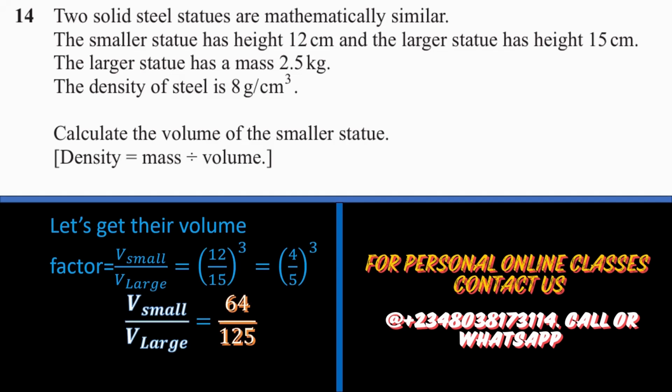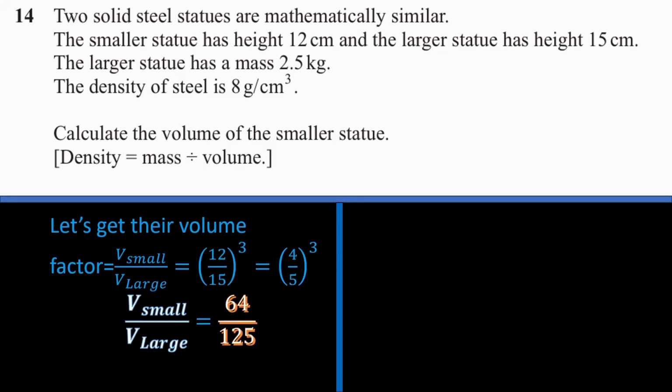The volume factor is going to be the volume of the small over the volume of the large. And we do not know the volume of the small. We are also going to look for a way, using the relationship between density, mass, and volume, to get the volume of the large. But again, we know that we can get volume factor if we know scale factor. And of course, since they are mathematically related, the ratio of their lengths can be used to get the scale factor. And that's what we do here.